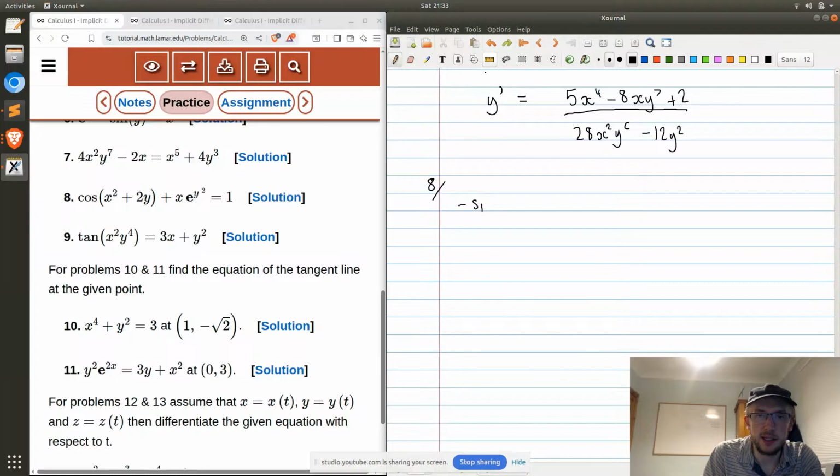So it'll be minus sine of what's inside the brackets multiplied by the derivative of what's inside the brackets, which would be 2x plus, and that would turn into 2, but then we have to multiply it by y prime, so 2y prime.